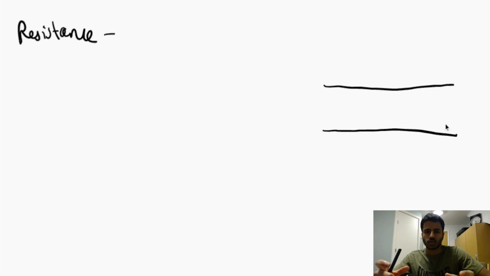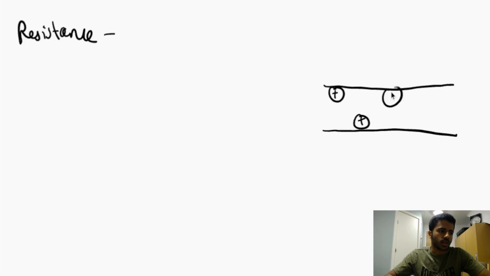Obviously, everything has some form of resistance, but usually when you're doing your circuit problems, you don't really consider the resistance of a wire. But we're going to look at the real life scenario where wires do have resistance. A wire is usually metal. You might know that metals consist of metal ions or positive ions, and these exist within the wire or in the resistor, whatever you want it to be.